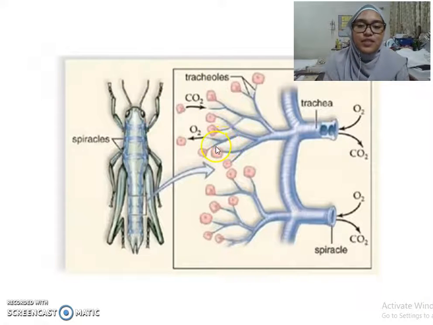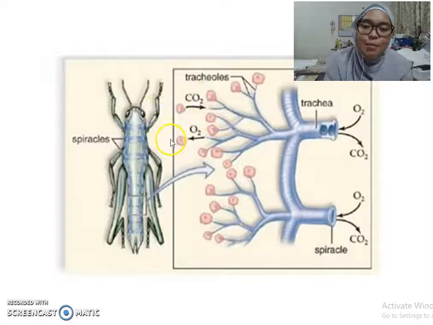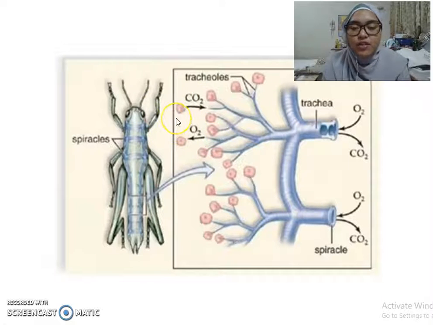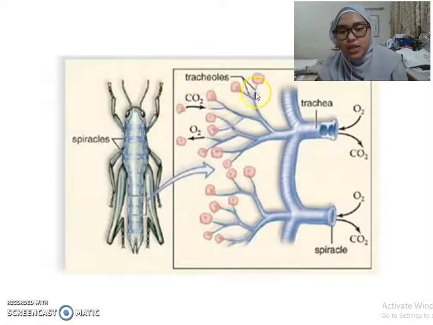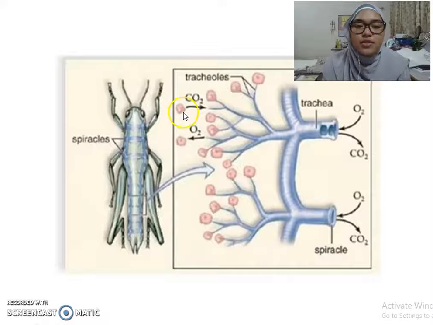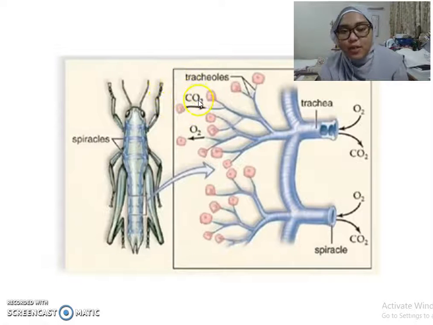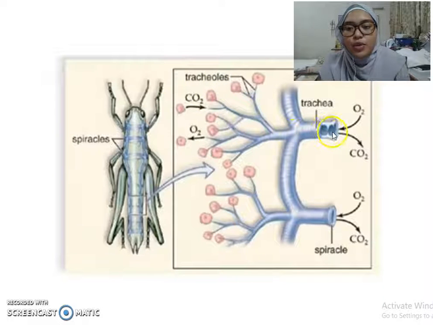Just now the oxygen diffused into the body cells, but now the carbon dioxide diffuses into the trachea from the body cells. Carbon dioxide will diffuse out of the body cells and into the tracheoles, travel through the trachea, and will then go outside of the insect's body through the spiracle as well.